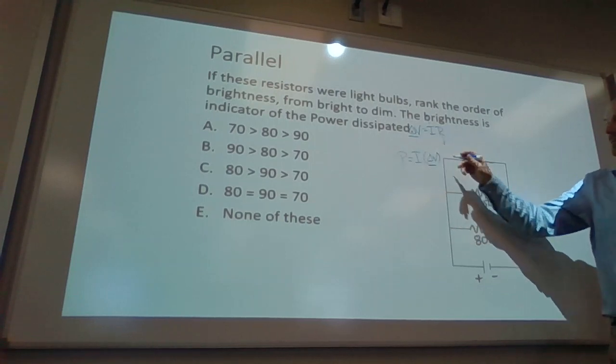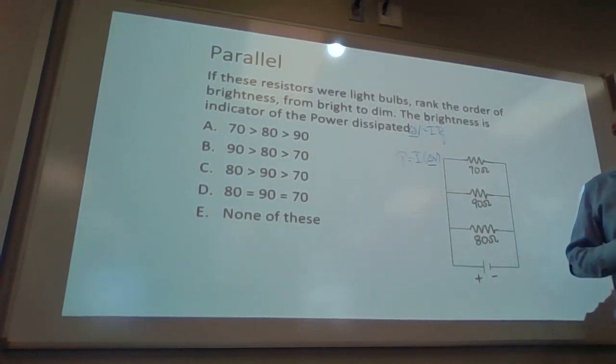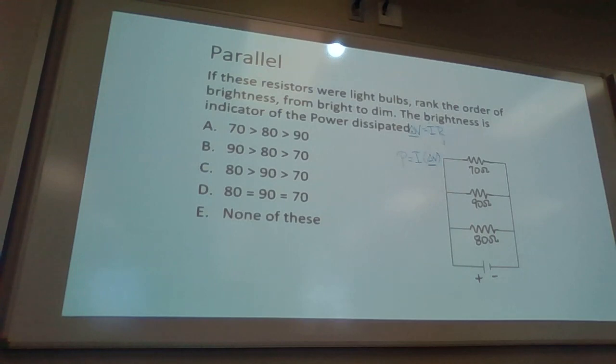So there's more current going through this one than this one, and then finally that one, which is different, folks, than what we concluded about series circuits. In a series circuit, we said the one that had the most resistance was the brightest. Parallel is the one with the least resistance. Do not just memorize stuff. Figure it out.